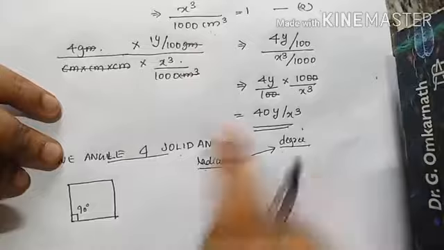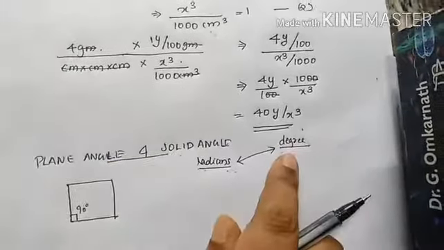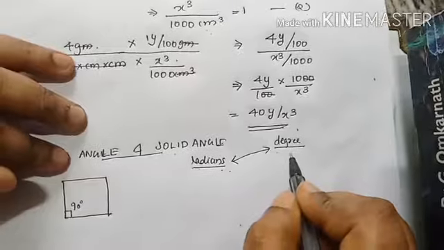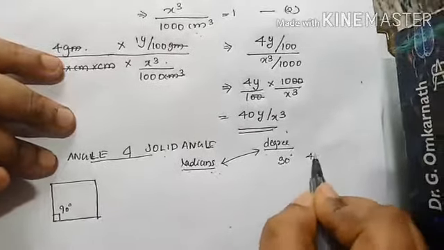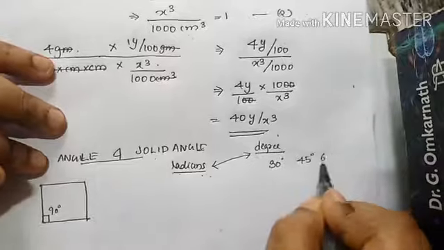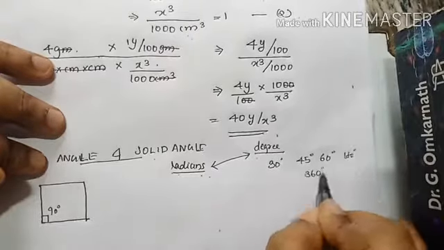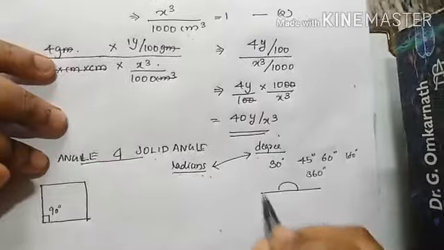There are two units of plane angle, right? Degree is a common thing, where you put a small ring above a number, suppose 30 degree, 45 degree, 60 degree, 180 degree, 360 degree, right? What is the angle of a straight line, guys? 180 degree. What is the angle of a circle?